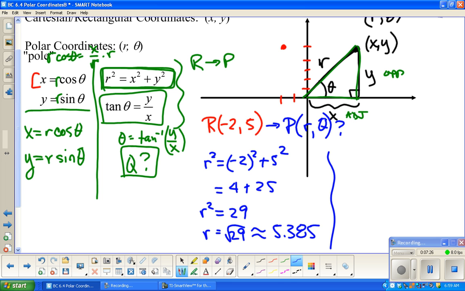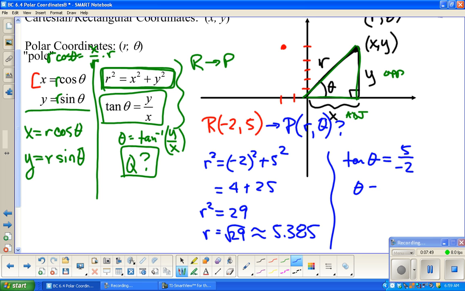Now, I didn't specify theta in degrees or radians. It can be in either. If this was a calculus situation, it would have to be in radians because everything about calculus and trig is in radians. But here I'm just going to go with degrees to make your life a little bit easier. So tangent of theta equals y over x. Well, y is 5, x is -2.